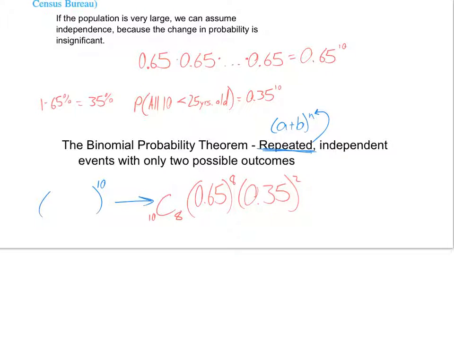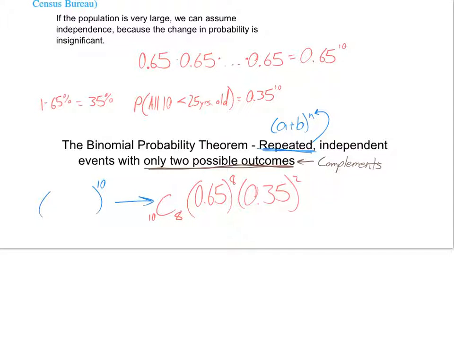And then we have the next critical aspect of this, that this only works when you're considering things that only have two possible outcomes. Here, we had someone who was 25 years old and older, or we had someone who was not. And when you hear this, you should be thinking they have to be complements of each other.